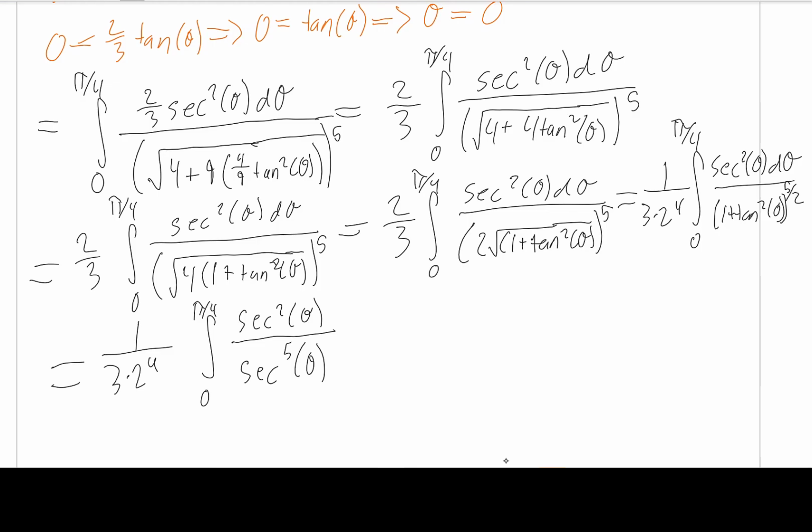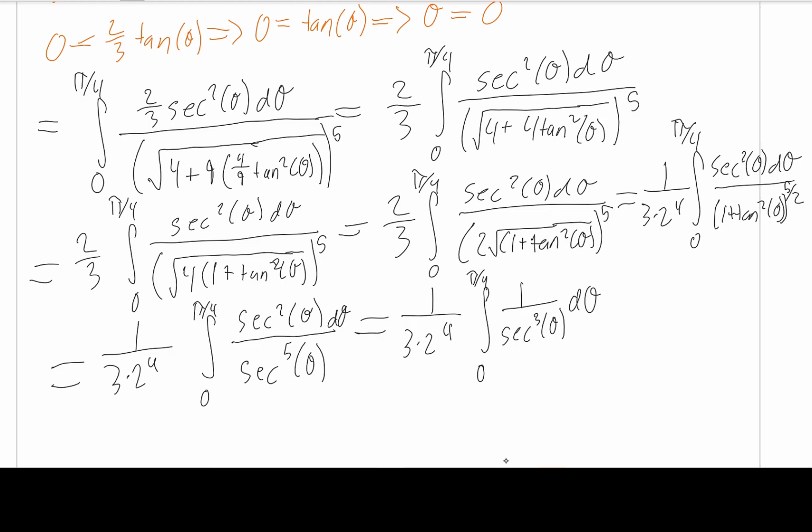So I should have 1 over 3 times 2 to the 4th times the integral from 0 to pi over 4 of 1 over secant cubed theta, and I need to remember my d theta.